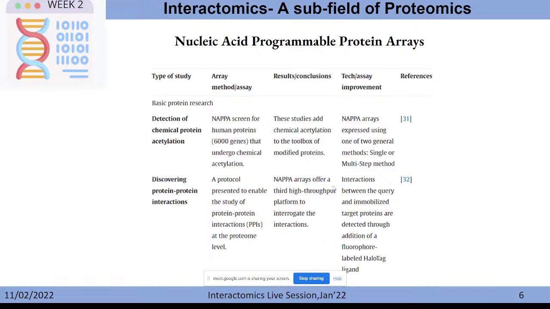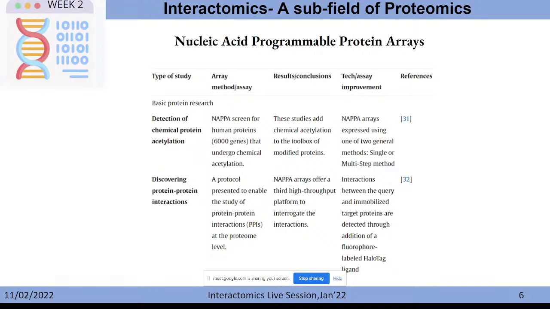Interactions here are between the query and the immobilized target protein. Immobilized target proteins are those which have been expressed from the cDNA through cell-free expression systems, whereas the query proteins are your proteins of interest.